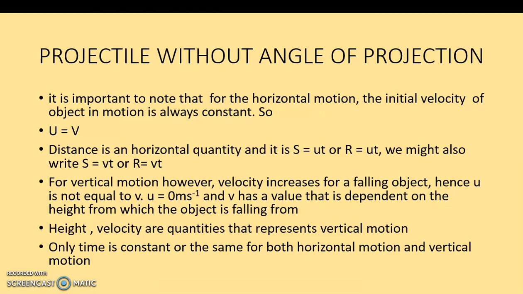But if the height is large, then V obviously is going to have a larger value, because velocity increases as an object falls downward. Height and velocities are quantities that represent vertical motion. Only time is constant, or the same, for both horizontal motion and vertical motion.